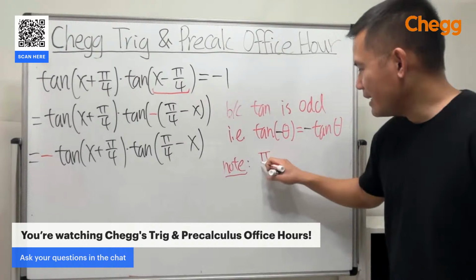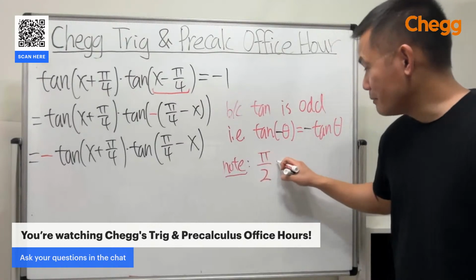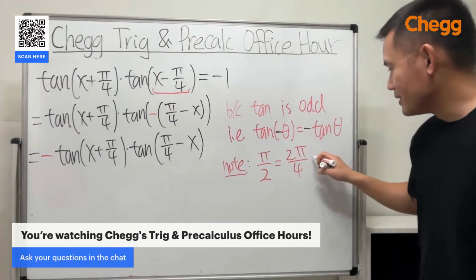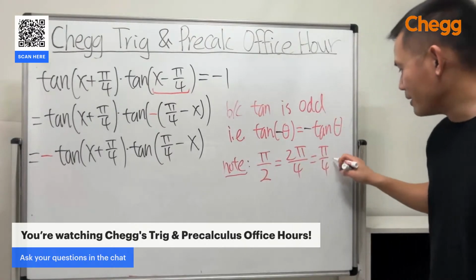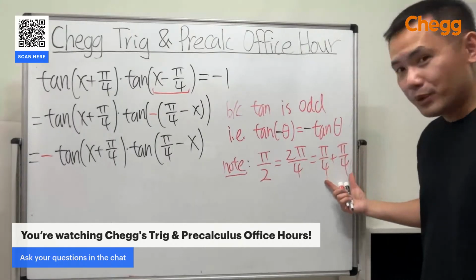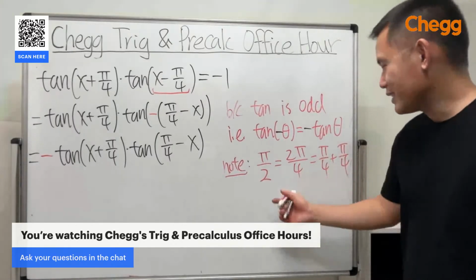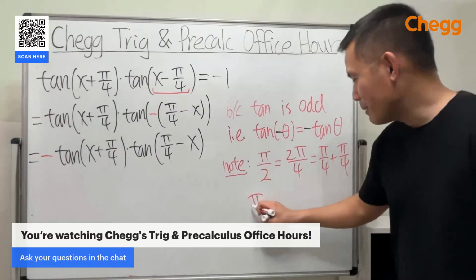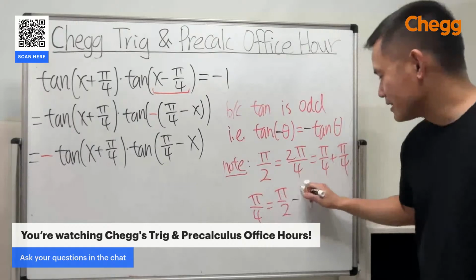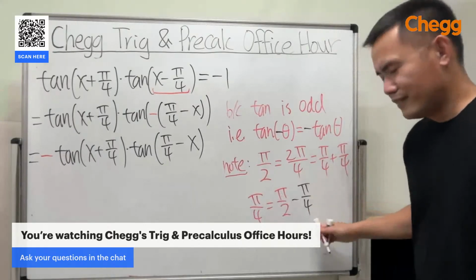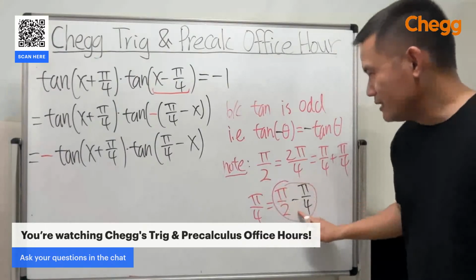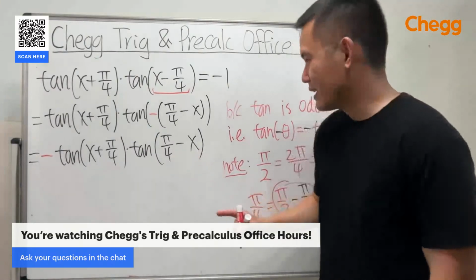Pi over 2 is the same as 2 pi over 4, which is the same as pi over 4 plus pi over 4. So pi over 4 is the same as pi over 2 minus pi over 4. Fair enough? And I'm going to put this for that.